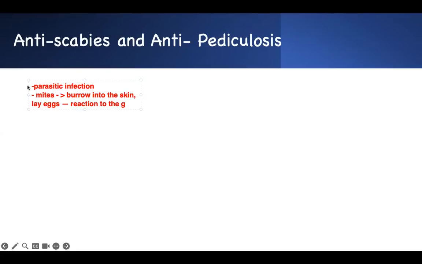The reaction to the eggs is what causes the itchiness and skin irritation. That's all. So we've got to get rid of this parasite on our skin.